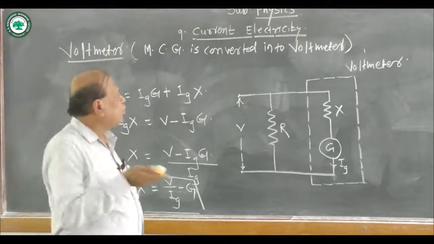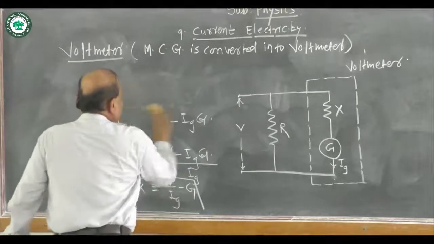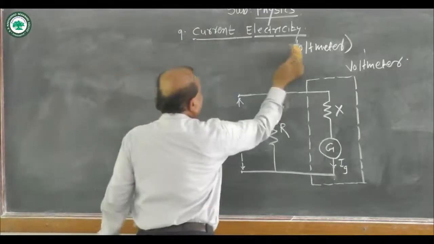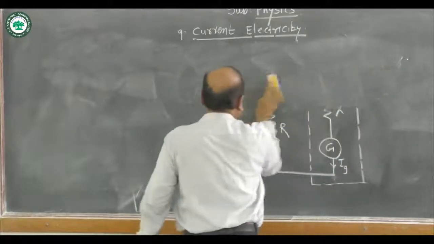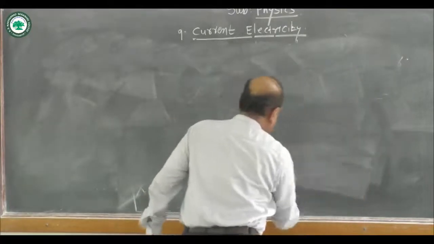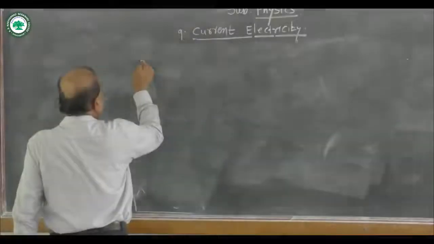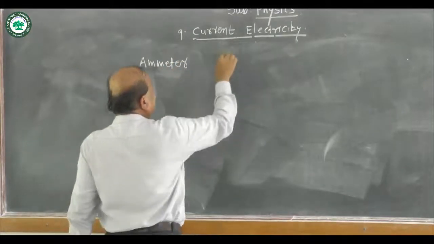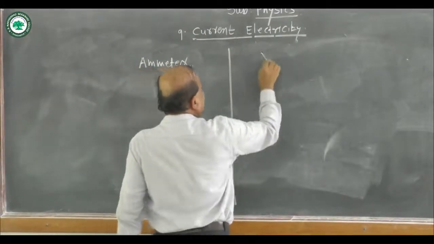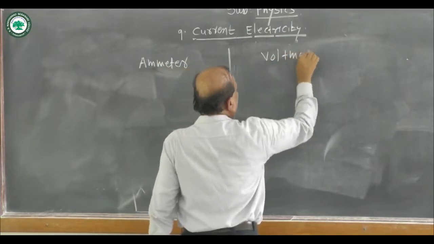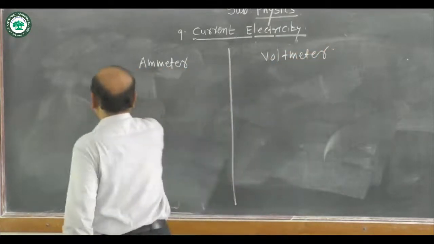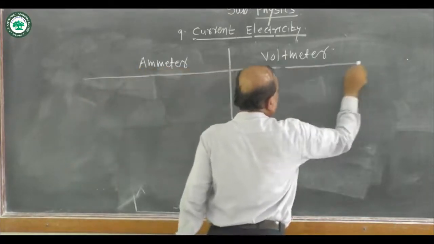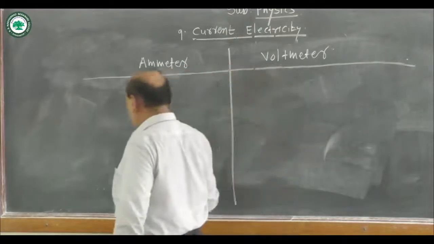Next topic from this lesson is to distinguish between the ammeter and voltmeter. Here make two columns. This is for the ammeter and this is for the voltmeter. We have to distinguish these two instruments.